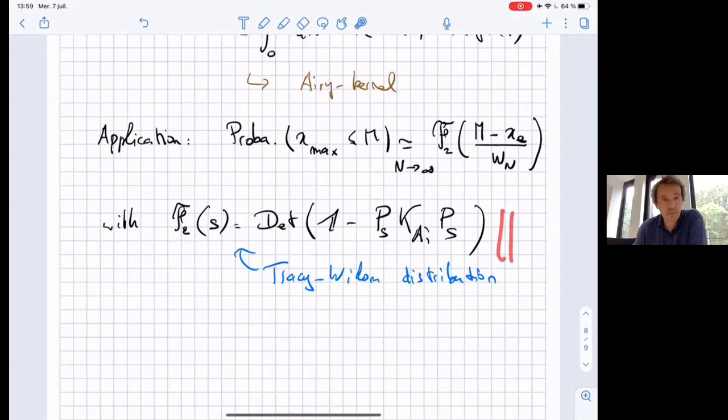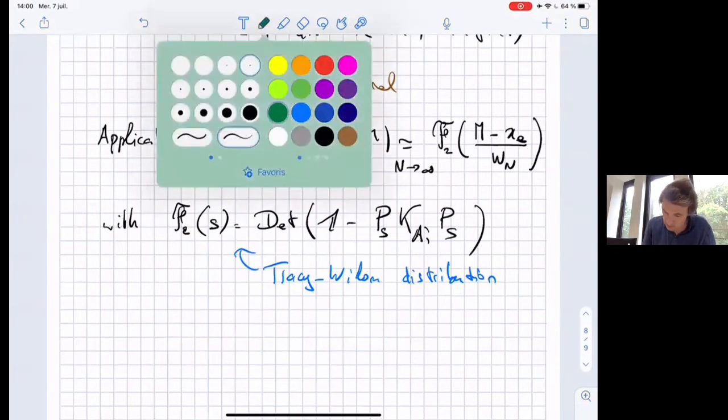It's essentially the formula that you can easily write from the theory of determinantal point processes, and the true input of Tracy and Widom was rewriting this Fredholm determinant in terms of a Painlevé function, which was really their main result. Okay, so I will probably finish just with that.